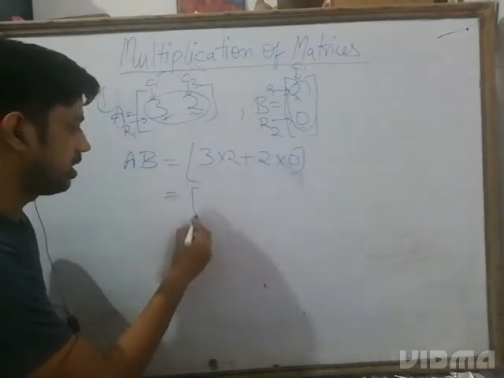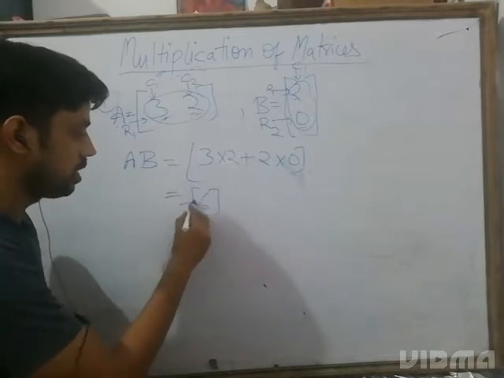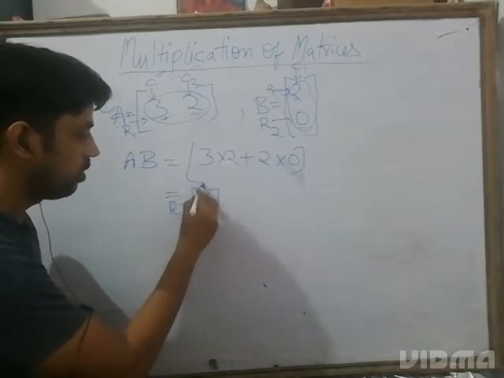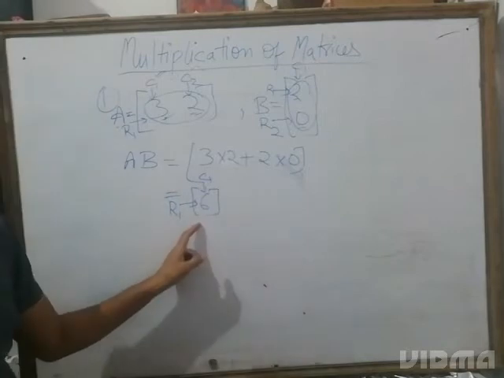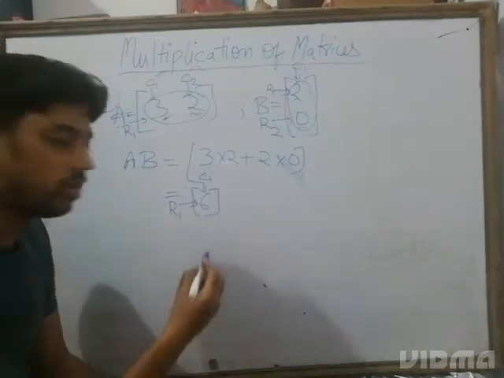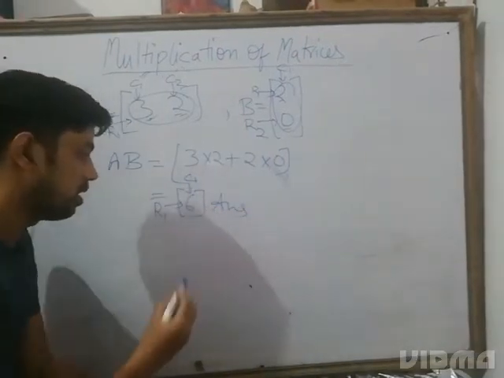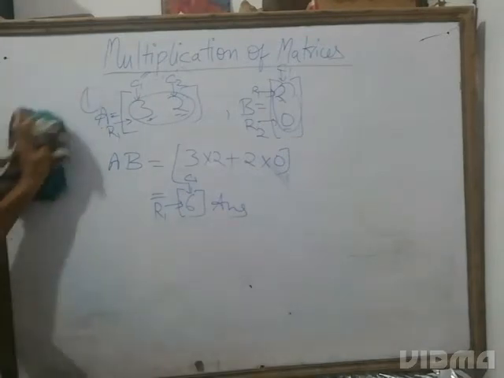What will be the resulting matrix? It is 6. You can see there is only one row and one column. So this is our order and this is our answer.